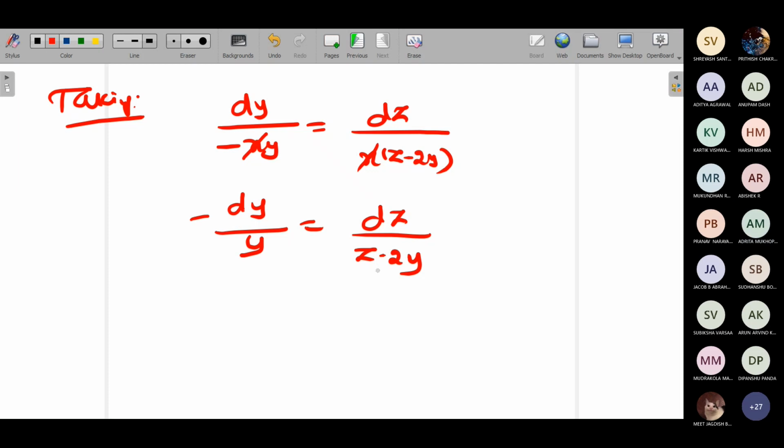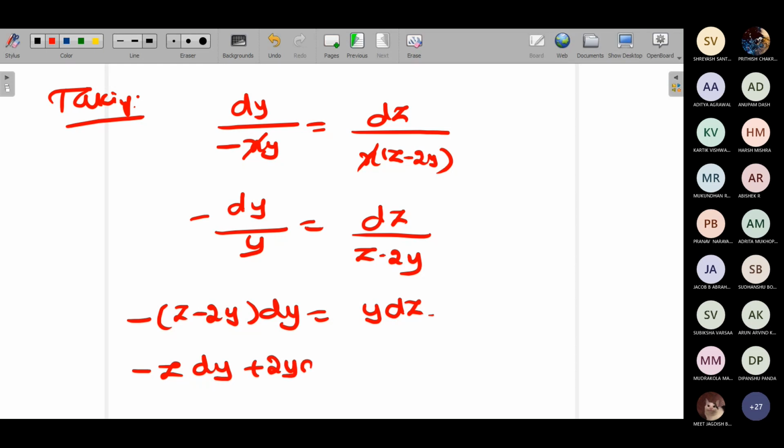Now what you can do is just cross multiply this. So when you cross multiply, you will get minus of z minus 2y into dy equal to y dz. So you can even write it as minus z dy plus 2y dy is equal to y dz.